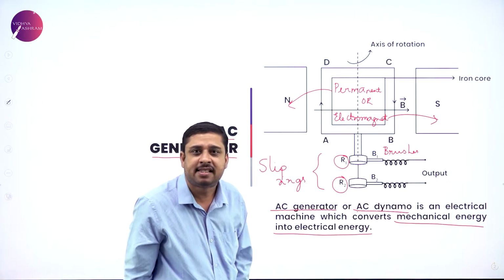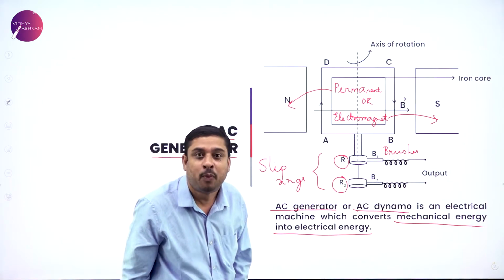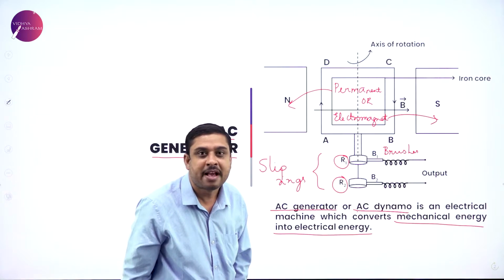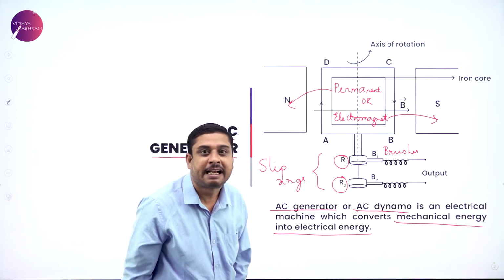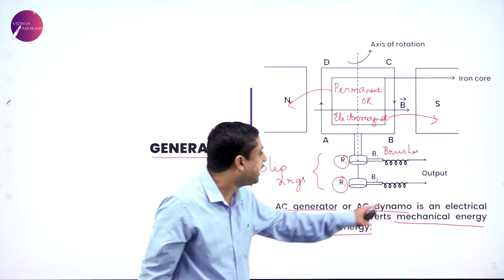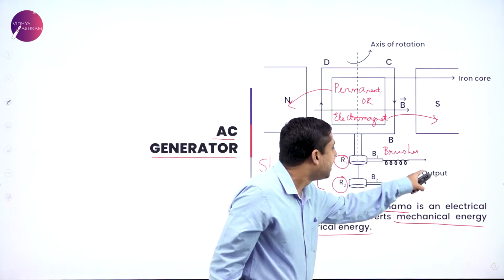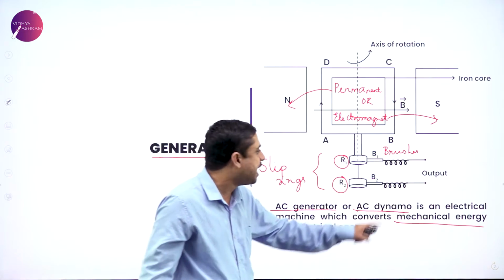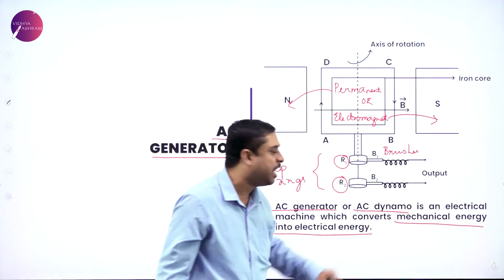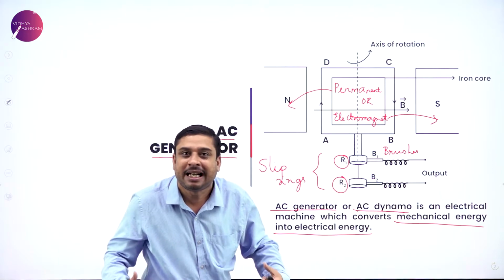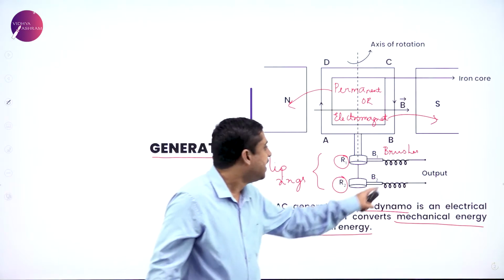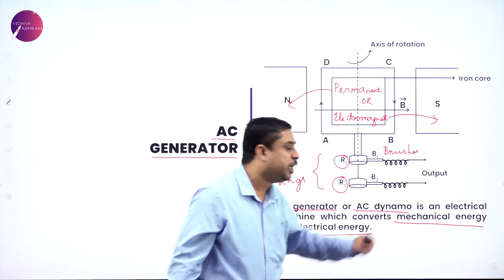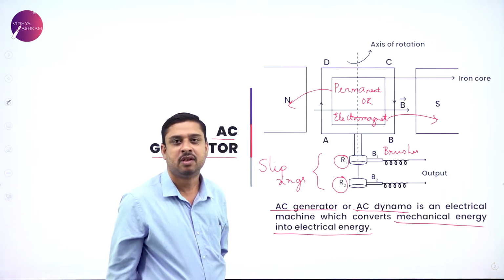So what do I mean when I say connected to an output? If I want to measure the alternating current that is generated here, I connect an AC meter, an AC voltmeter. So any output that has to be measured is connected to the two brushes.